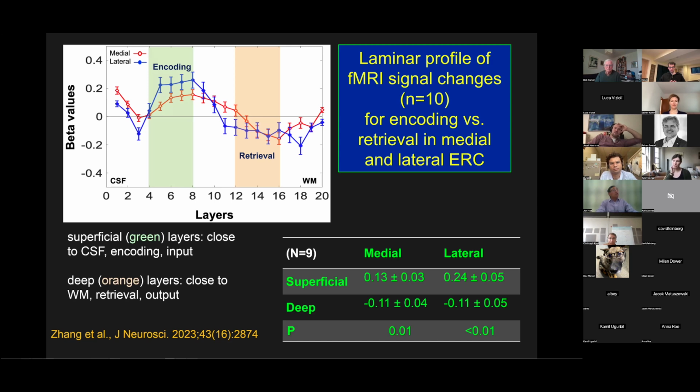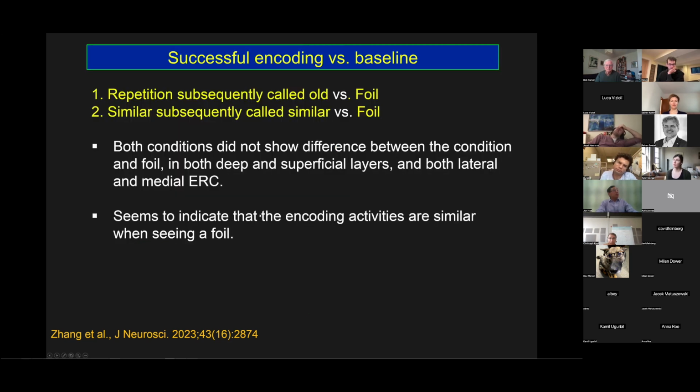Okay, so I'm gonna skip the next few slides, but I can provide a quick summary. So basically, this is the main contrast, and then after that we'll look at a few additional contrasts that we want to look at. For example, encoding versus foil. We use foil as a baseline, and then retrieval versus foil as well.